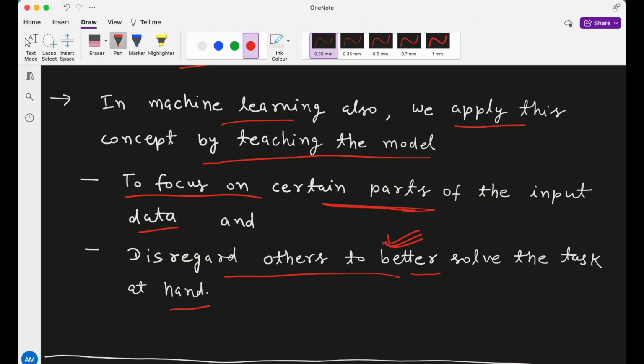To summarize, in the attention mechanism we are teaching the model to focus on certain parts of the input data and disregard other parts, so that the problem can be solved better.